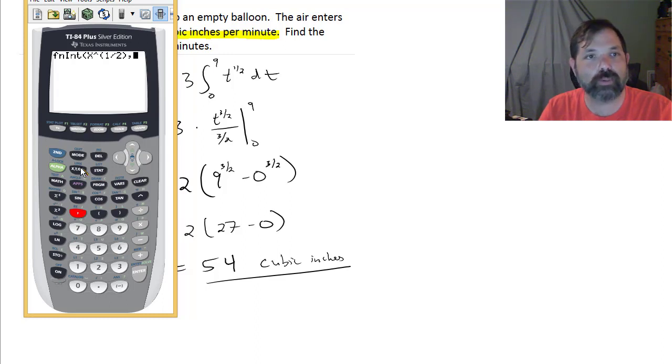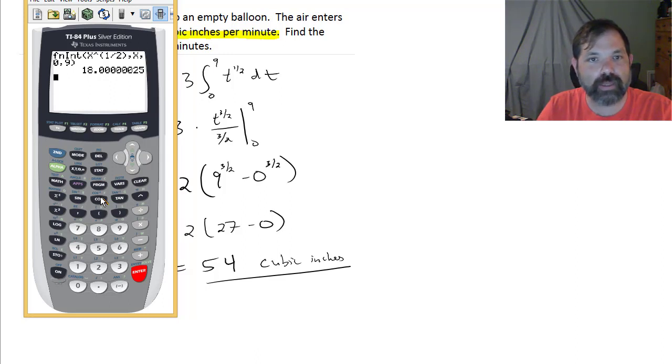I'm integrating with respect to x, comma, what is the lower limit? 0, comma, what is the upper limit? 9. Close it off, hit enter. Okay, 18, and yeah, that's correct.